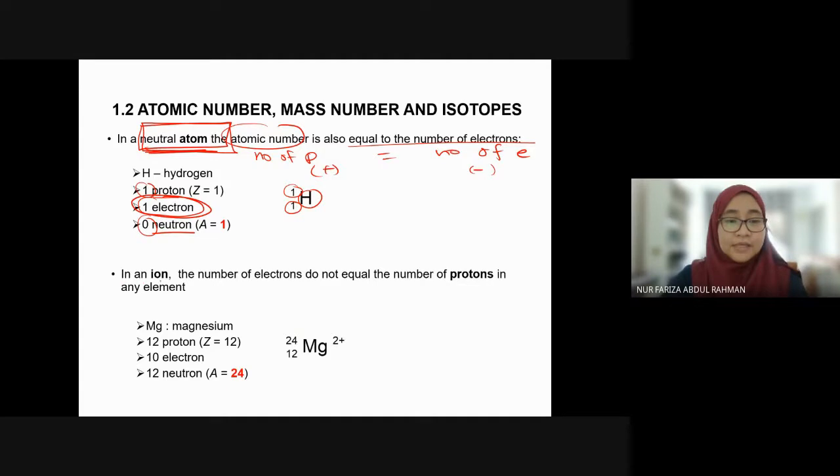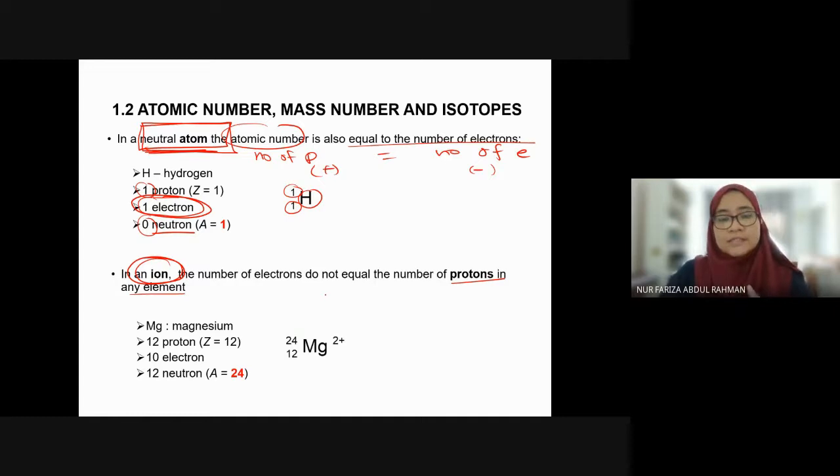If it is an ion, the number of electron does not equal the number of proton in any element. Ion means the atom is no longer neutral because it accepts, or gains, electron, or it loses electron.